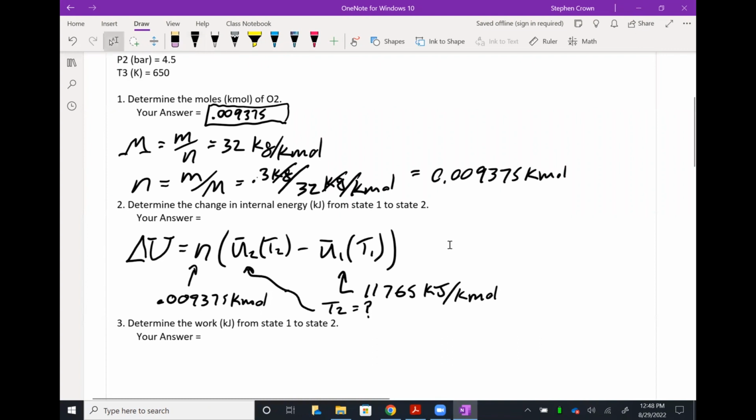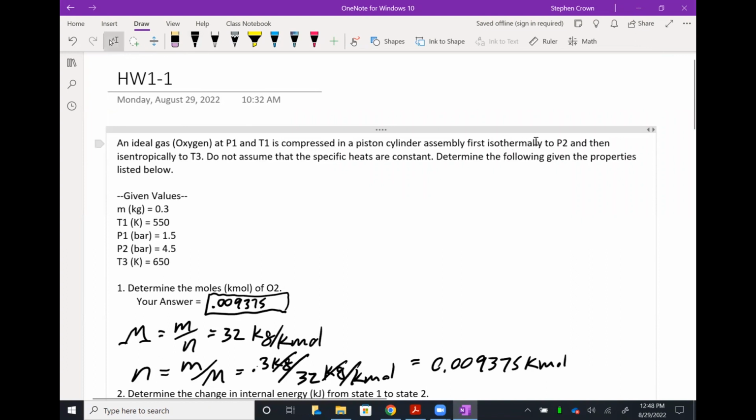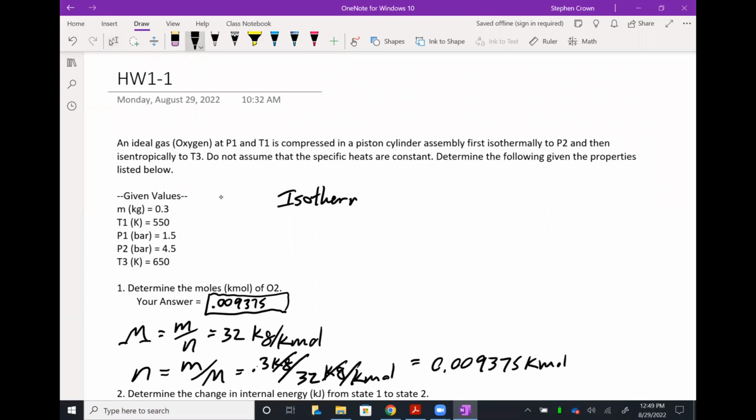So let's go back up to the problem statement. T1 is 550, but we're told that this first process is an isothermal process, which simply means that T equals a constant for this process.